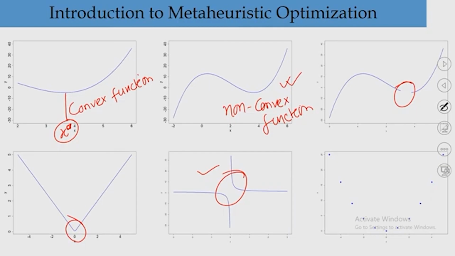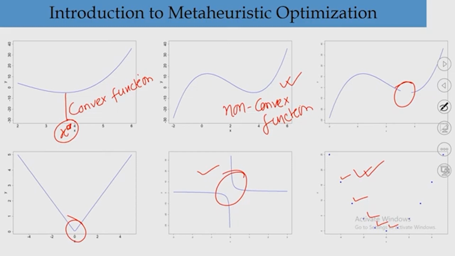And this one has a discrete search space. The solution can be here, here, here, here, or here. So, this is not a continuous function.